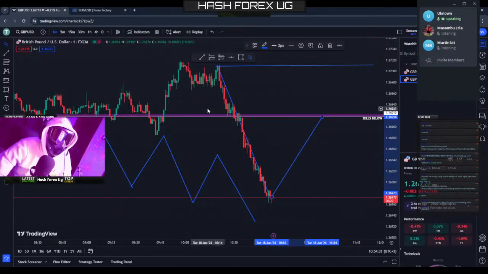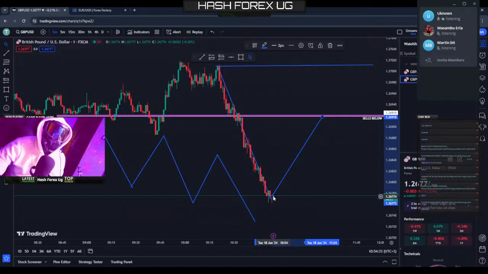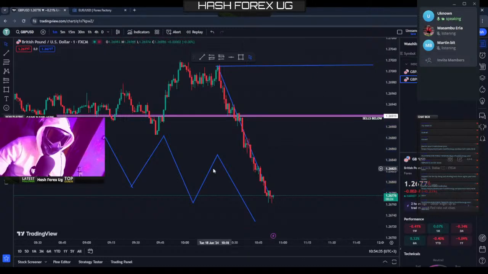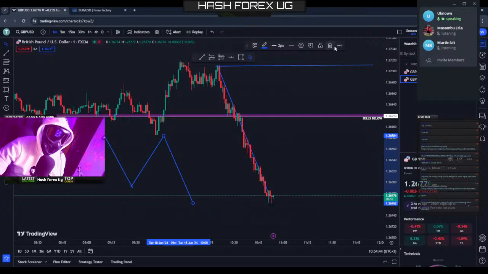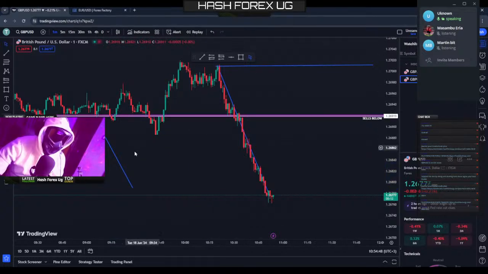Without the structure, we cannot trade, we cannot make the right decisions. So we need to see the structure building up very well, and that's what we base on: price action, market structure, and levels of resistance and support. As easy as that.